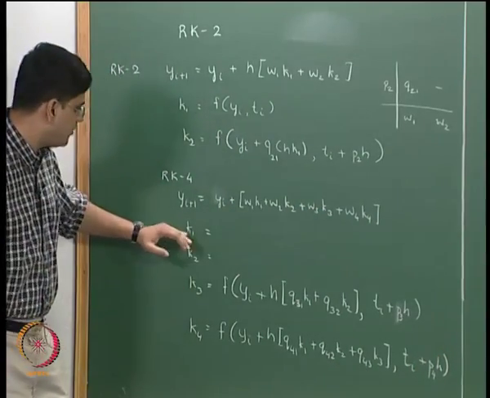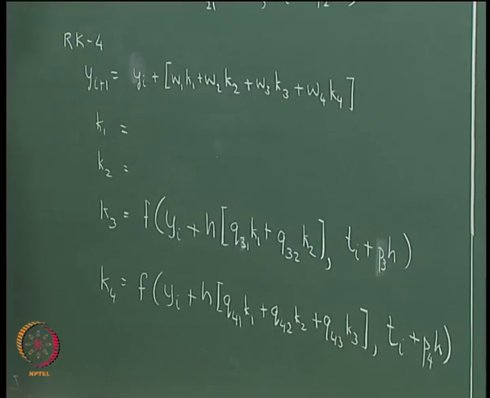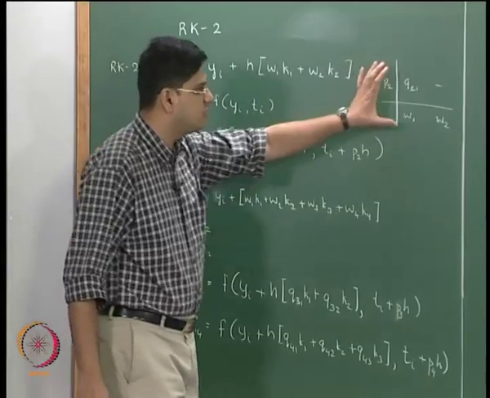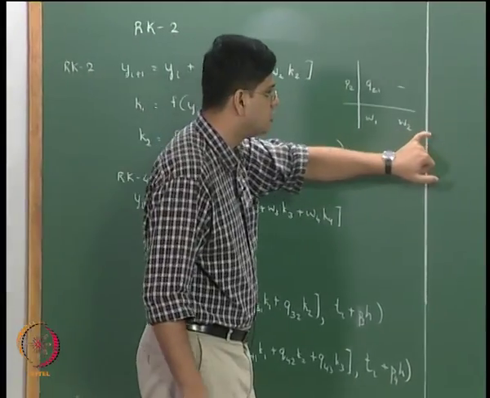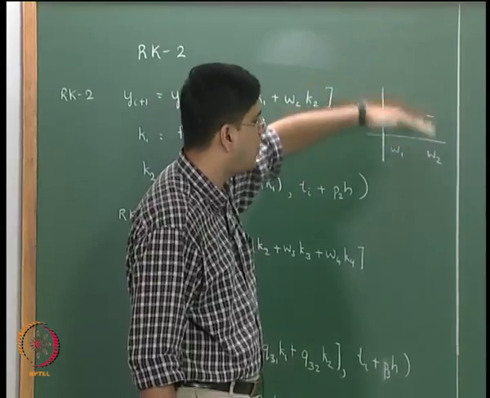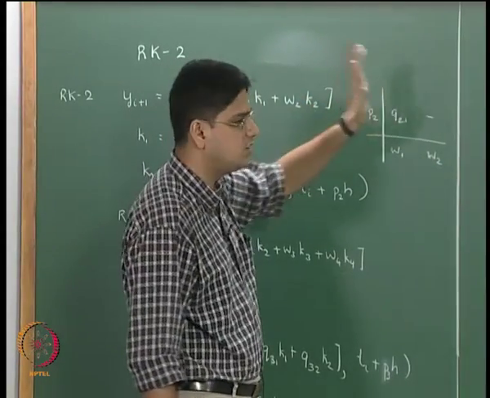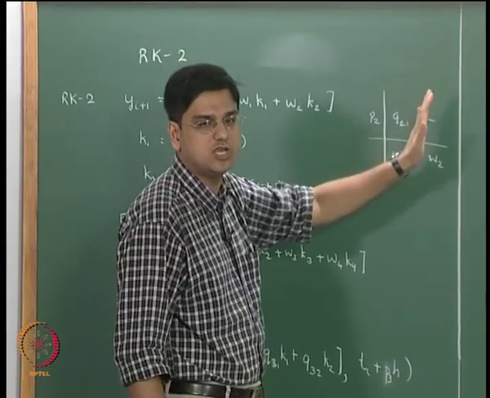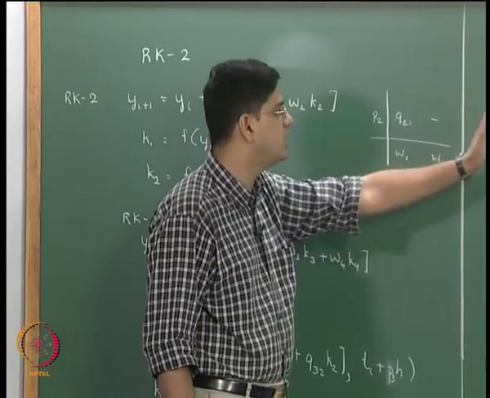Now we have our k1, k2, k3 and k4 for our RK4 method, and in the RK4 method the same kind of table will have w1, w2, w3 and w4, and then instead of having just one row above this, we will have 3 rows above: p2, q21; p3, q31 and q32; and p4, q41, q42 and q43.